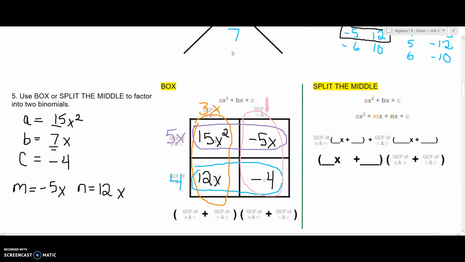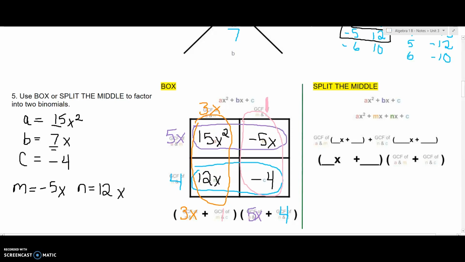So in order to write my final answer, I'm going to look at the binomials that are on the outside. So I'm going to put my 3x plus 1 and 5x plus 4 down below.